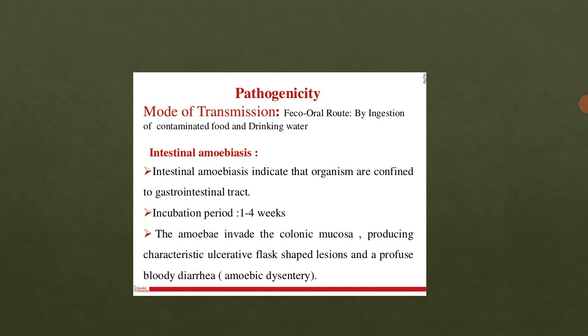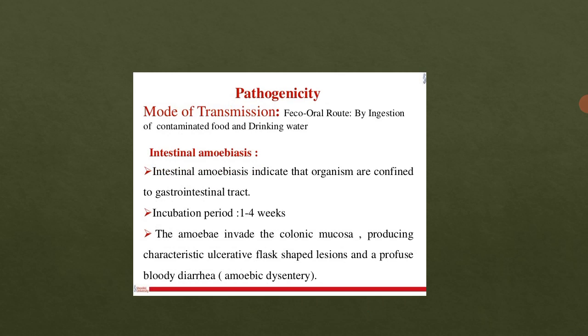Right? Now, the first one is intestinal amoebiasis. Intestinal amoebiasis indicates that the organisms are confined to the gastrointestinal tract.